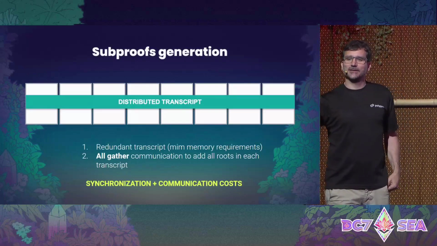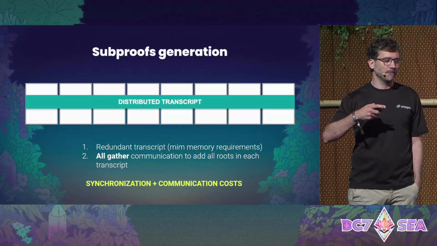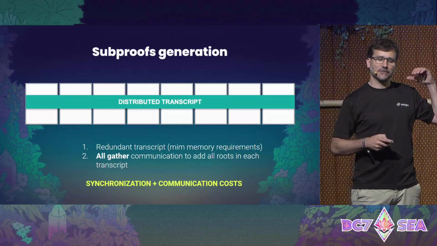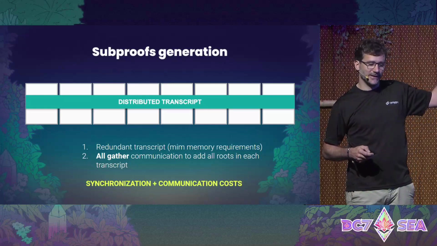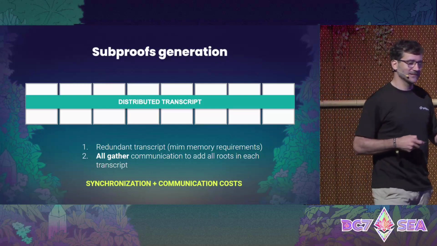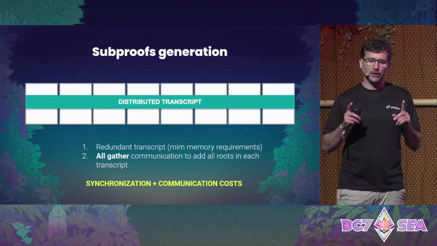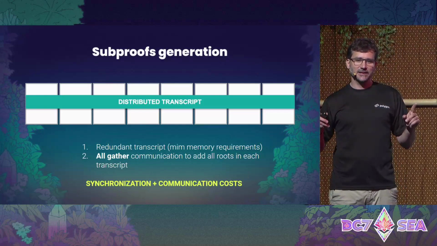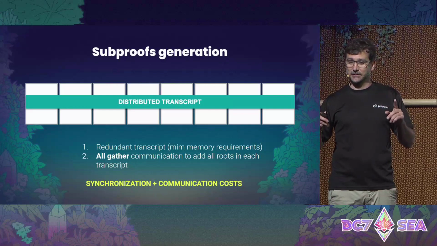Then let's talk about the distribution, how we manage the distribution of the subproofs. So we have to solve the proof for all these instances that have been generated. Here we have a synchronization point because all these instances share the transcript, okay?